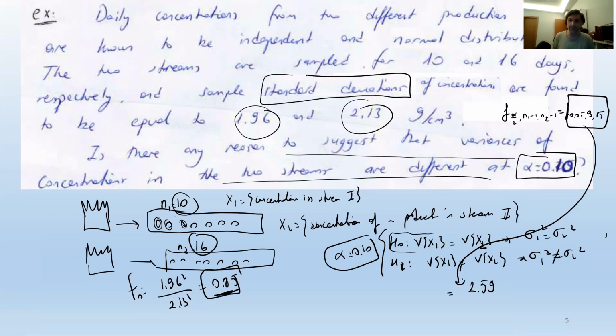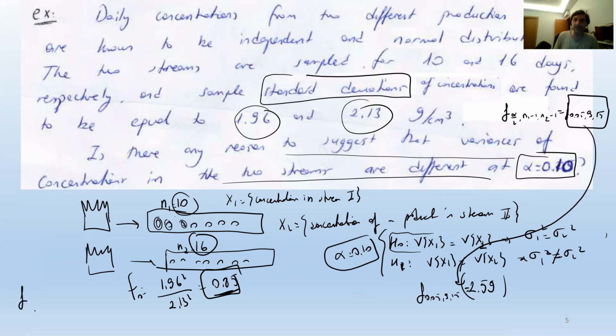Let me write this value clearly here again. This is equal to F 0.05 with 9 and 15 degrees of freedom. As you can see, our F0 value is smaller than that value. That's great. Now we also have to find the left-hand side.